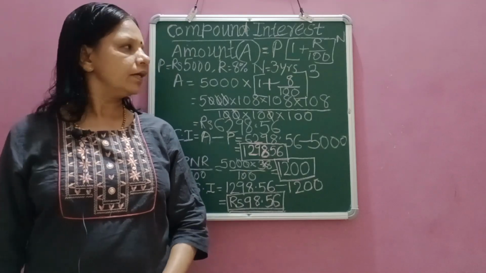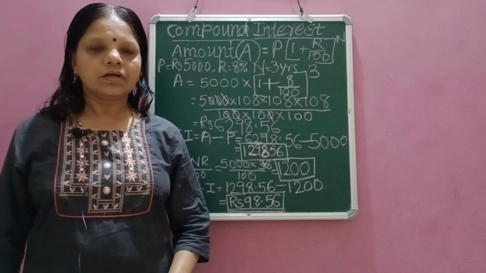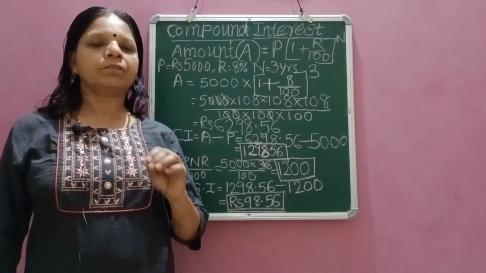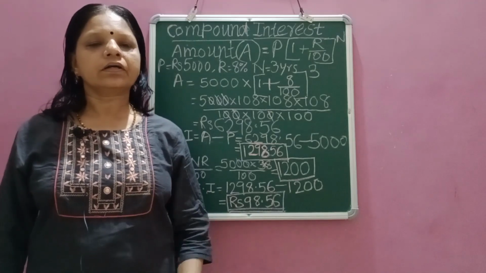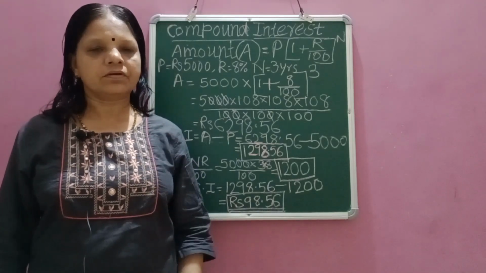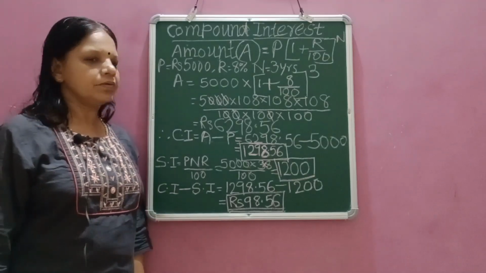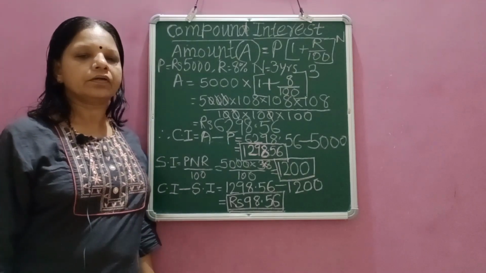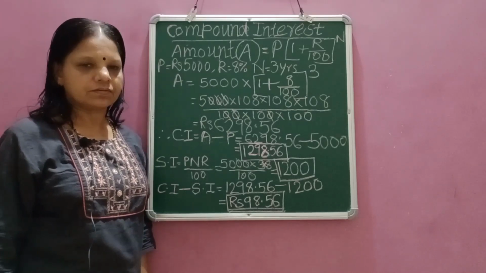In this way, each year interest is calculated and added to the principal for calculating the interest for the next year. So definitely compound interest will be a little more than that of simple interest.